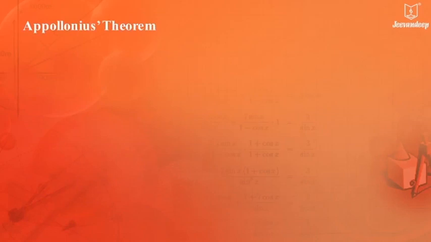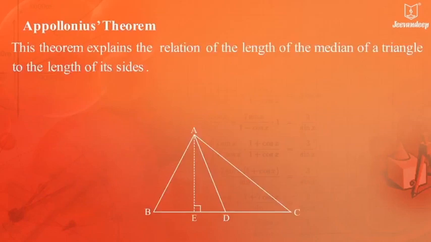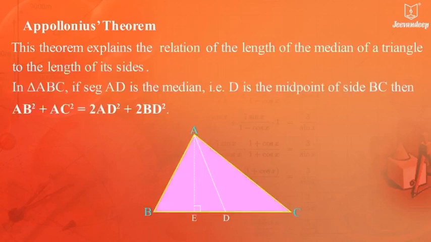Apollonius Theorem. This theorem explains the relation of the length of the median of a triangle to the length of its sides. In triangle ABC, if segment AD is the median, that is, D is the midpoint of side BC, then AB square plus AC square equals 2AD square plus 2BD square.